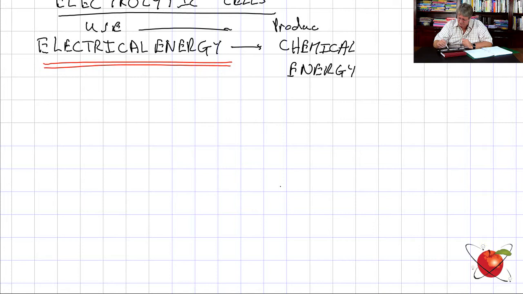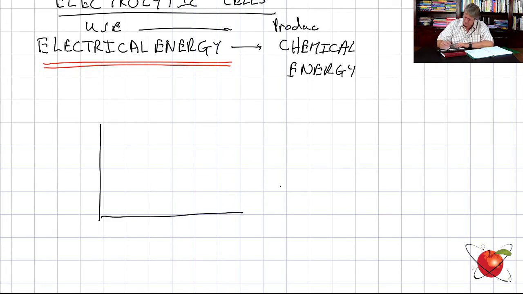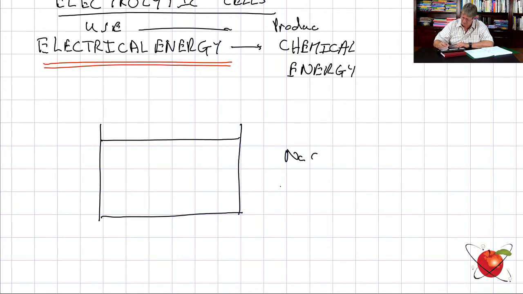Let us take, for example, a solution over here of NaCl. So I am going to put NaCl solid into H2O, and we know we're going to get Na+ and Cl-.